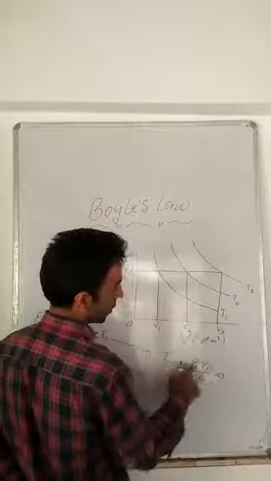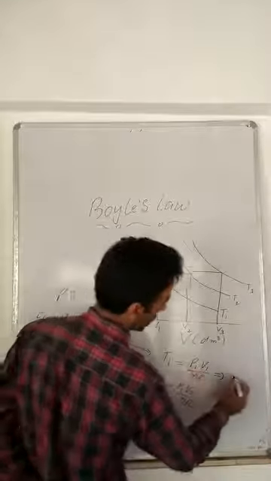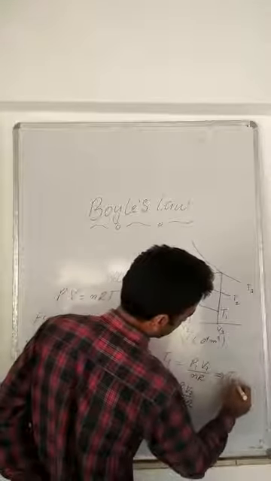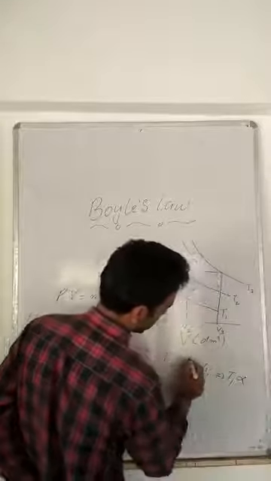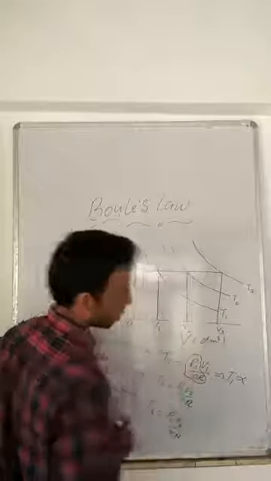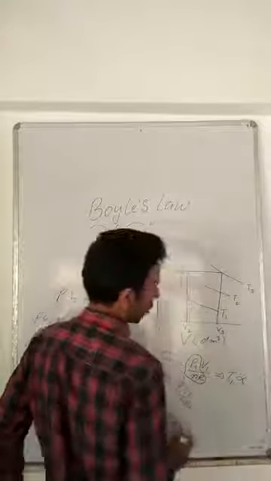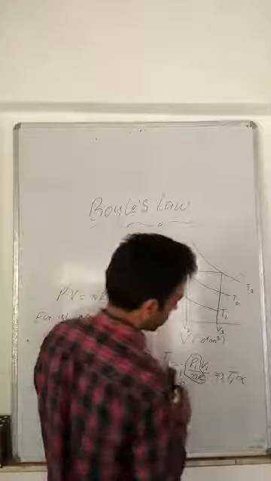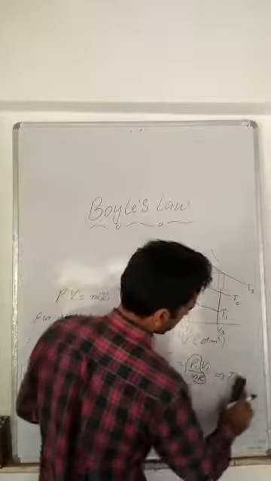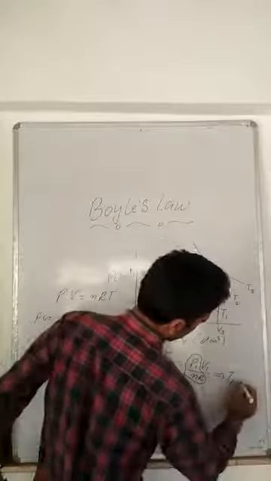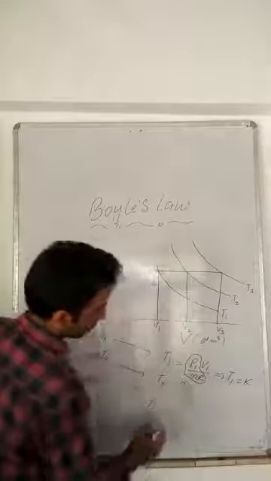At temperature T1 I am getting a volume V1. So can I write T1 is directly proportional to V1, because these will be constant, so they will be introduced into the proportionality constant. Or can I write it like this for simplicity? T1 is equal to K V1, where K is fixed for all the three.